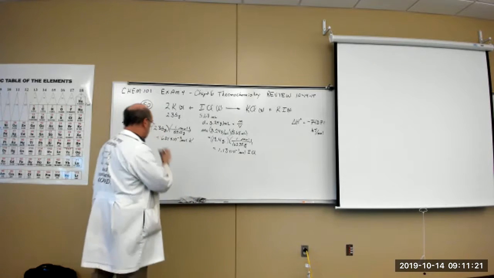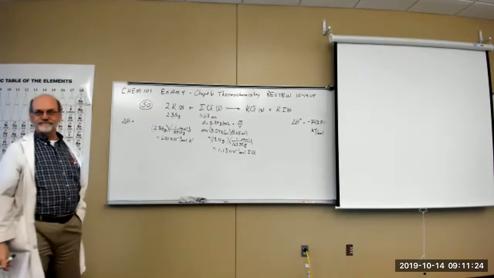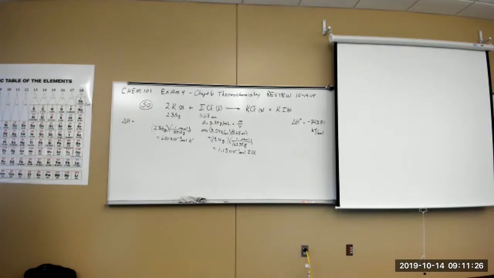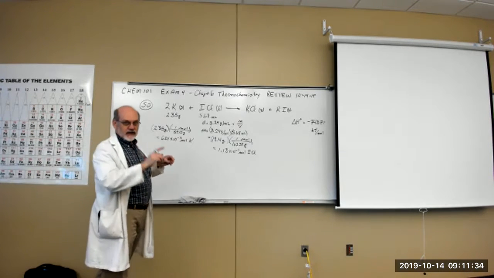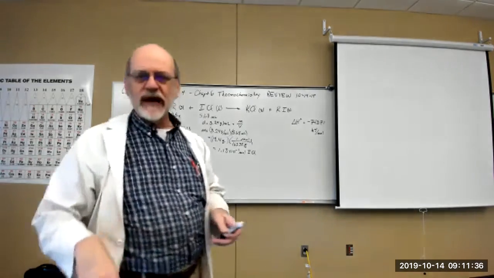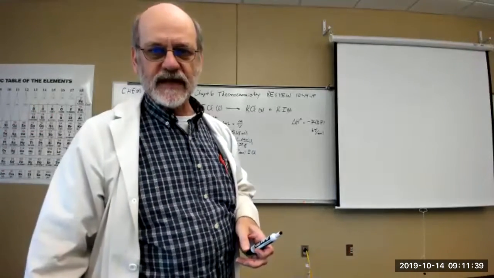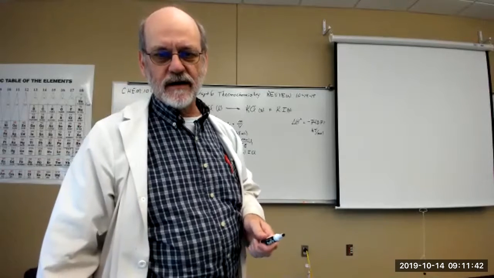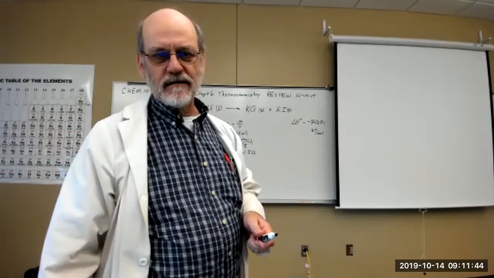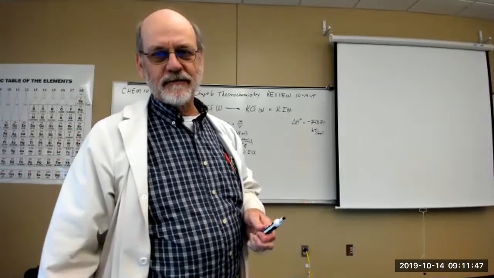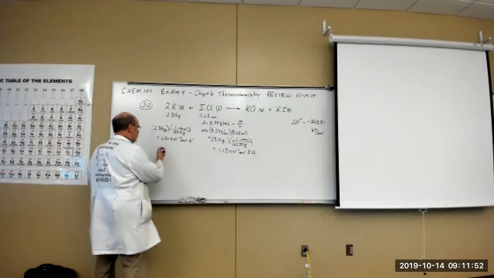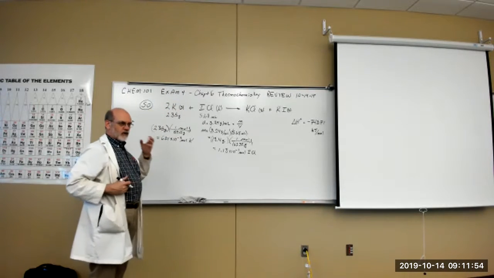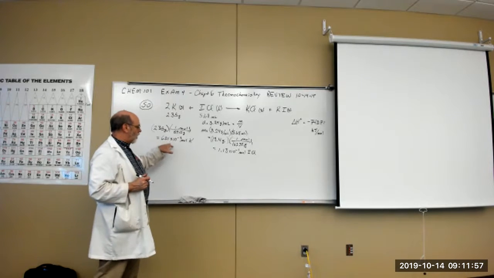Now, how do we find the limiting one? You remember? The way you find out which one's limiting is you assume for the moment that all of that one is used up.